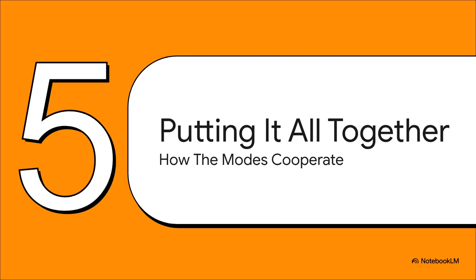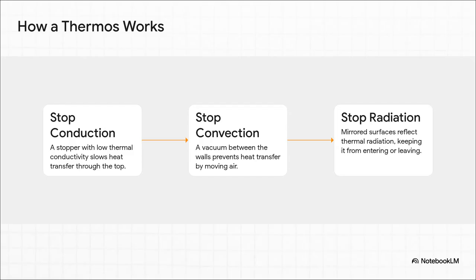Okay, so we've met the three big players: conduction, convection, and radiation. But in the real world, they almost never act alone. They're always teaming up. So let's see how they work together by looking at a brilliant piece of everyday engineering. A thermos, or a vacuum flask, is a masterclass in fighting all three modes of heat transfer.